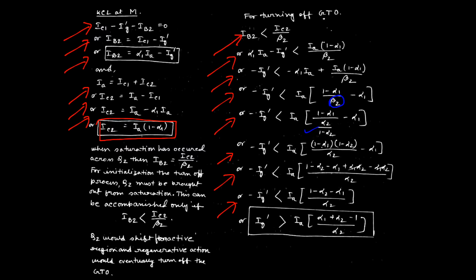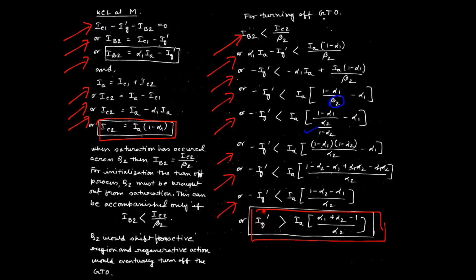So, the actual expression for the gate current is IG dash equal to IA times alpha 1 plus alpha 2 minus 1 by alpha 2. From this equation, we can say IG dash must be greater than IA with a multiplication term defined by alpha 1 plus alpha 2 minus 1 by alpha 2.